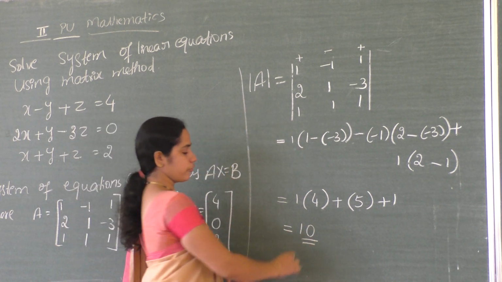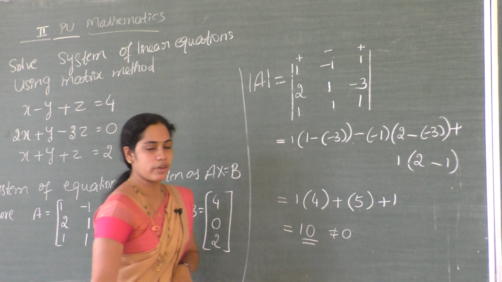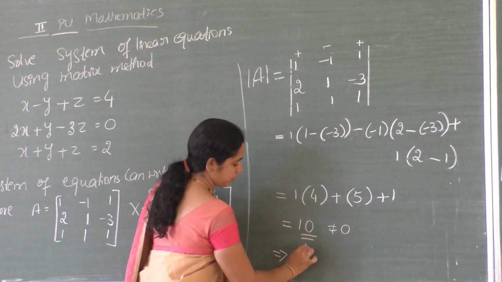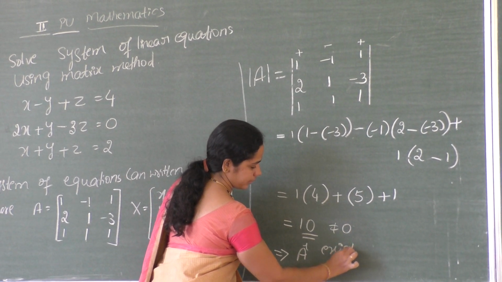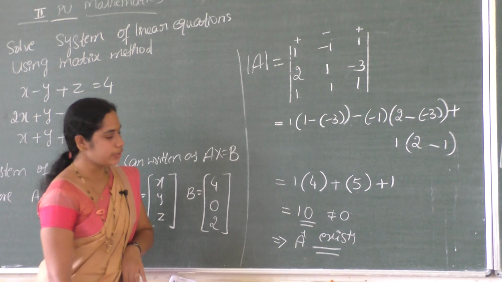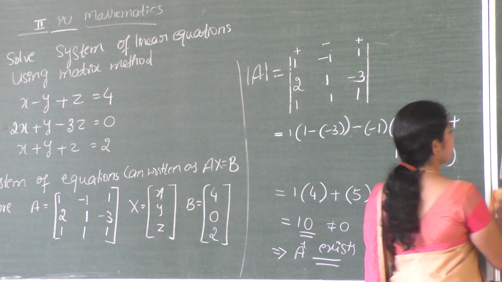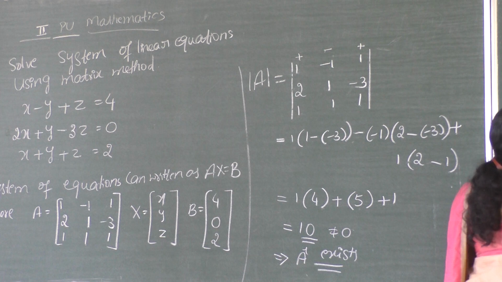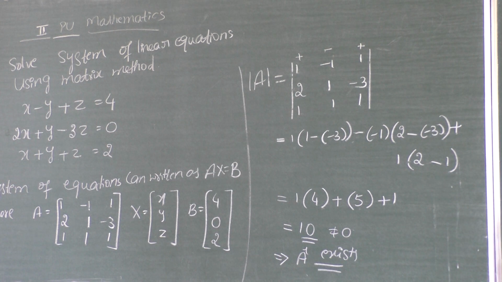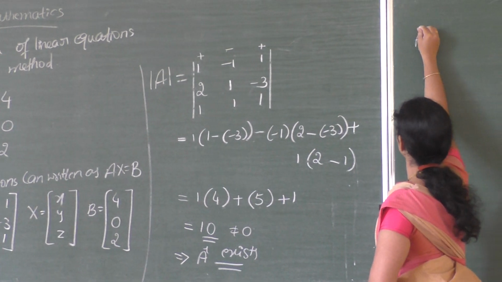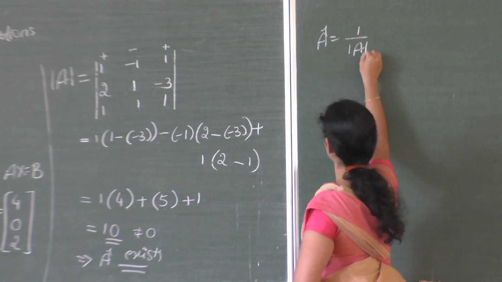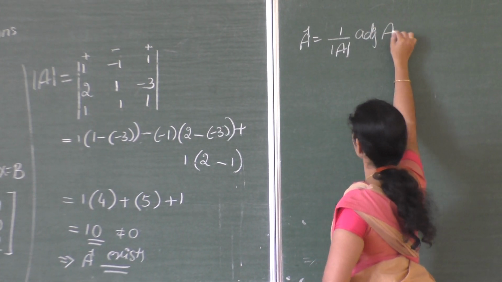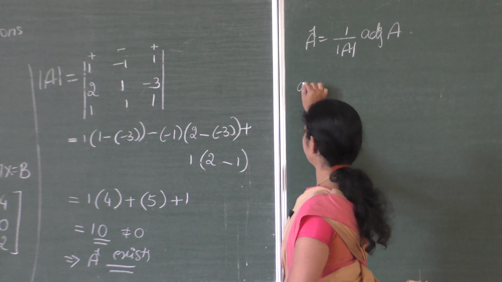Now determinant of A is not 0. What does that imply? It implies that A inverse exists here. Then we need to find A inverse. A inverse equals 1 by determinant of A into adjoint of A. What is adjoint of A?